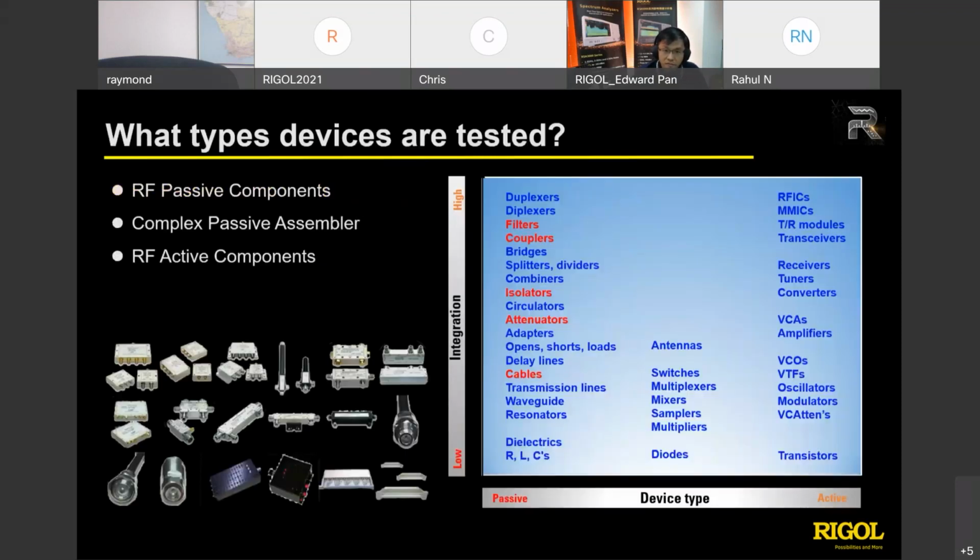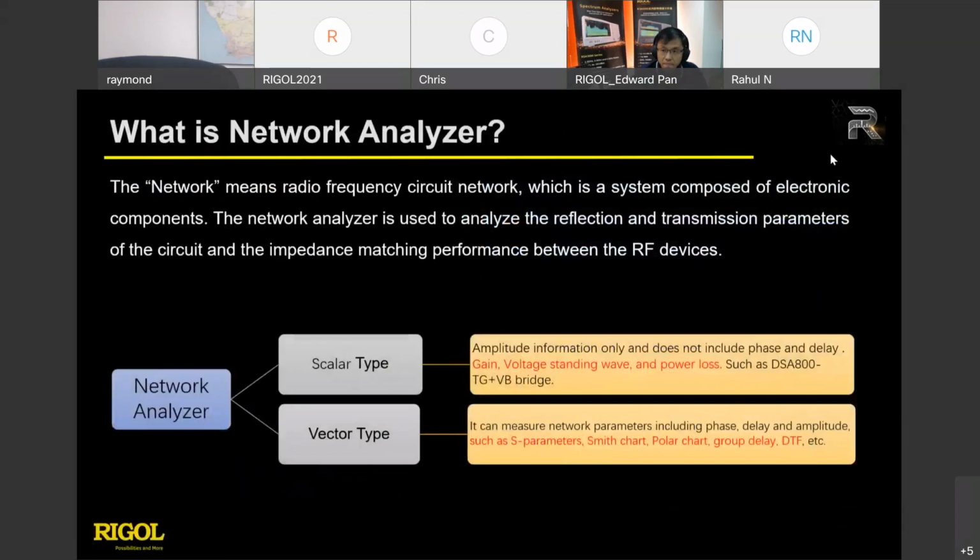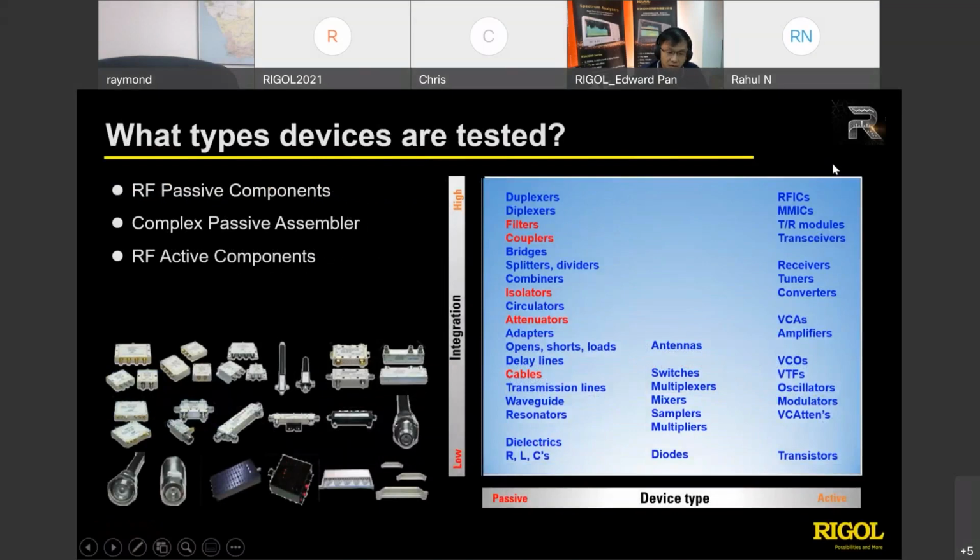Okay. So for the first part, we will go through the RF components. What types of RF component devices do you need to know today? As you can see on the left-hand side of the screen, there are many kinds of RF components, including active and passive components. What is a passive component?